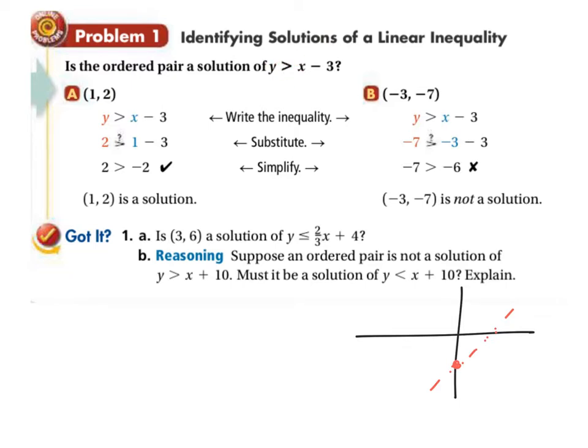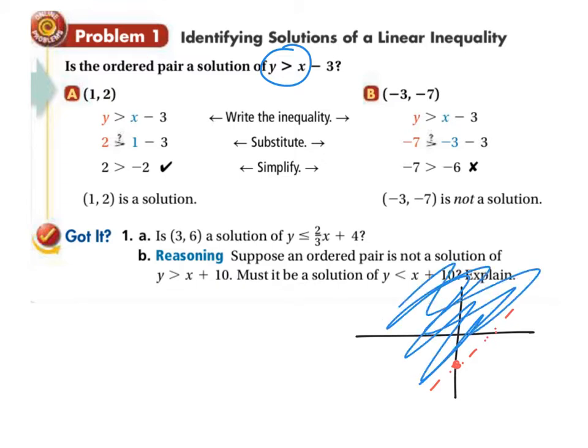Now, the second part is graphing the greater than or less than part. Which way is y greater than? That's really what you ask yourself here. Y is bigger going up, so you shade this part of the graph. So the point (1, 2), if I go over 1 up 2, is inside of my shaded area. So yeah, it's a solution.